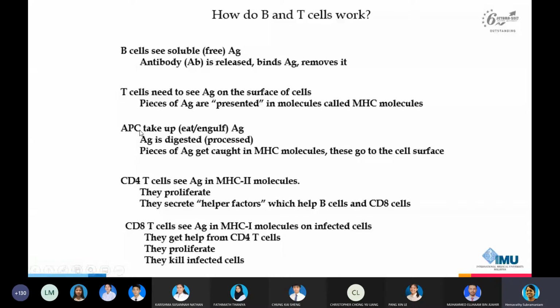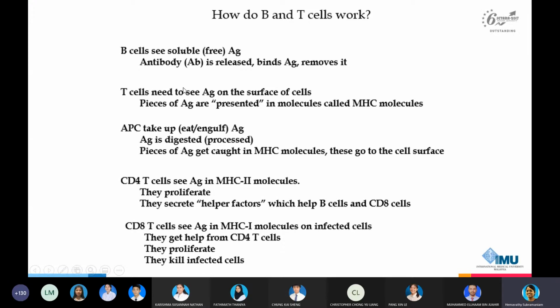The pieces of antigen will get caught in MHC molecules. So for T cells to recognize the antigens, it needs the help of MHC and APC. Your APC can be your dendritic cells and your macrophages.